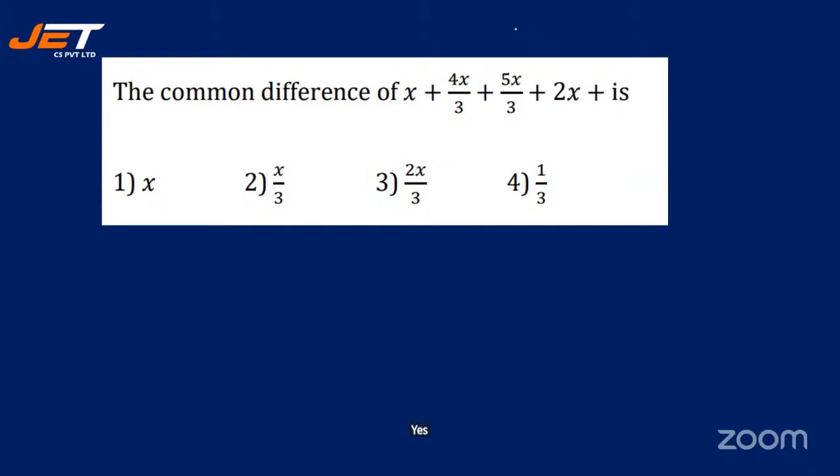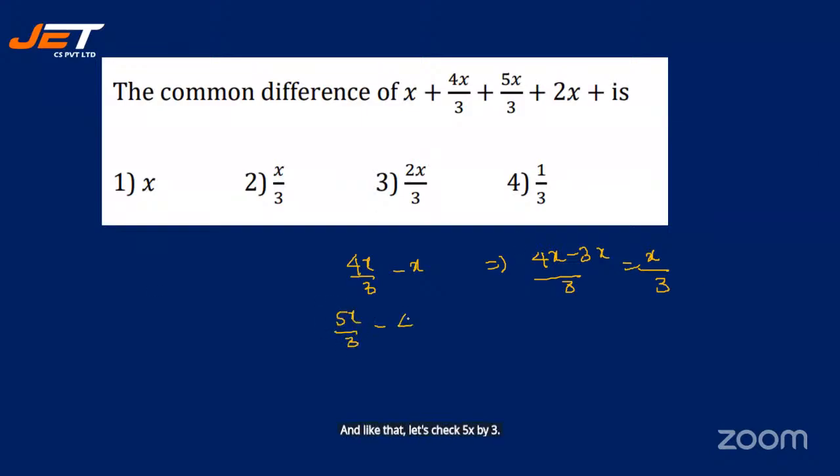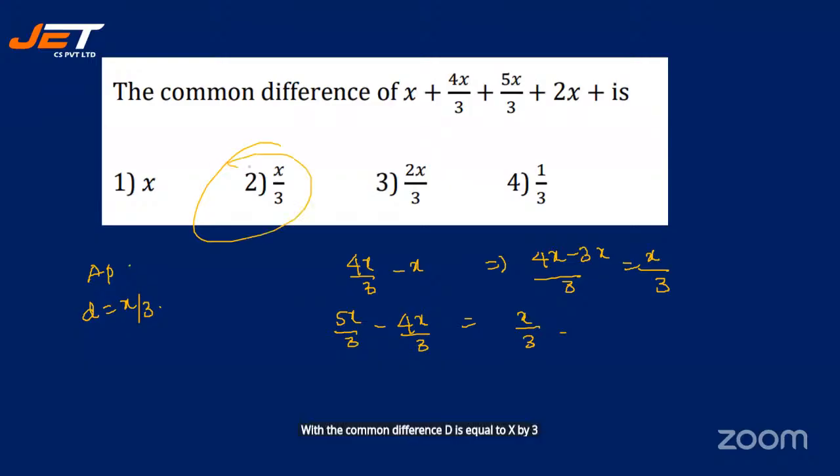So let's first check whether it is AP. AP means T2 minus T1. So 4x by 3 minus x, which is x by 3. And like that, let's check 5x by 3 minus 4x by 3. So it is x by 3. Yes, so it is an AP with the common difference d is equal to x by 3. So your answer must be option 2.